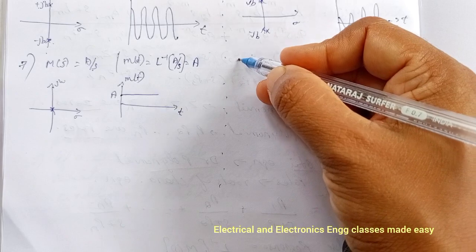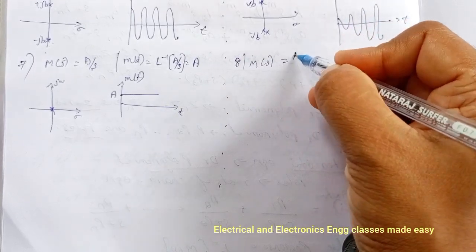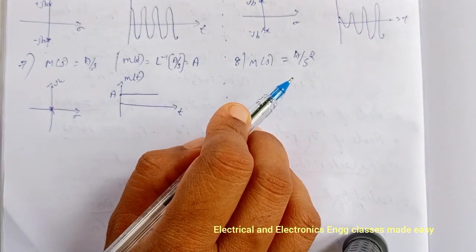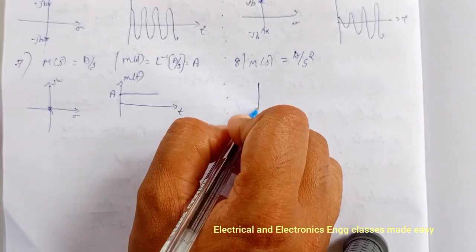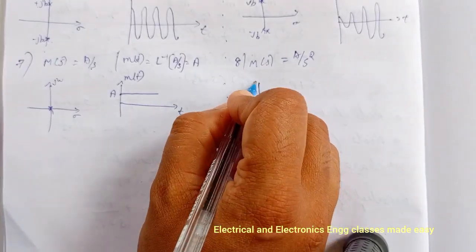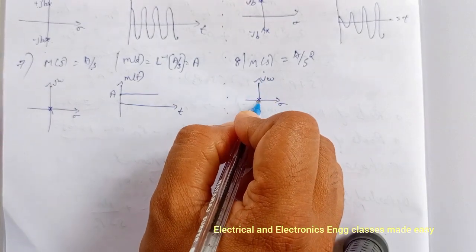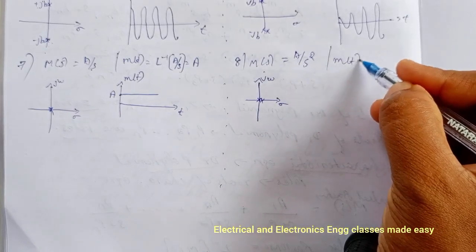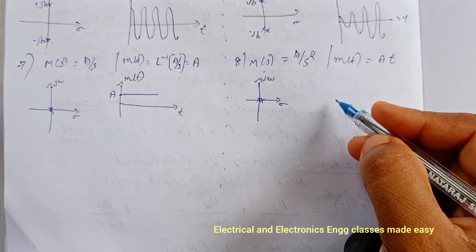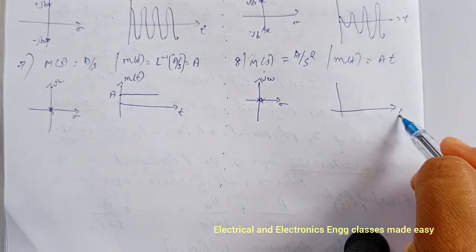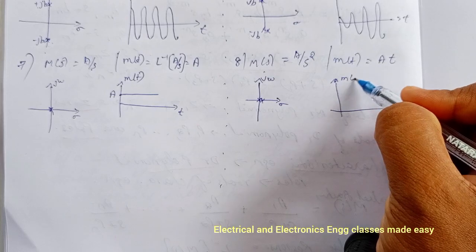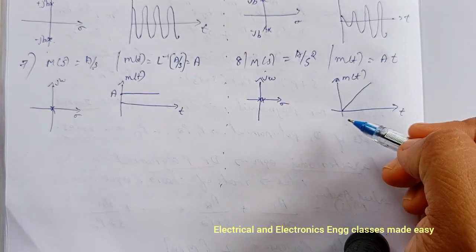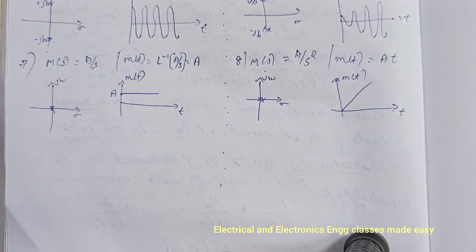Another is m of s equal to a divided by s square. That means there is a double root at origin, so we can locate the root like this, sigma, this is j omega, so a double root at origin, and the response m of t is equal to a into t. So we get m of t, the response, as linearly increasing with time. So this is the response.